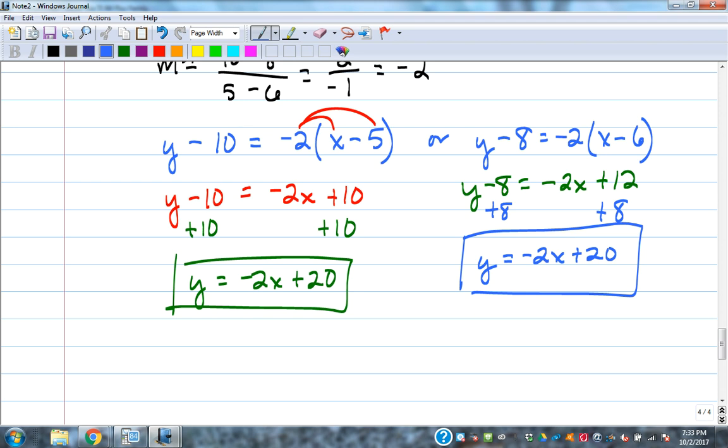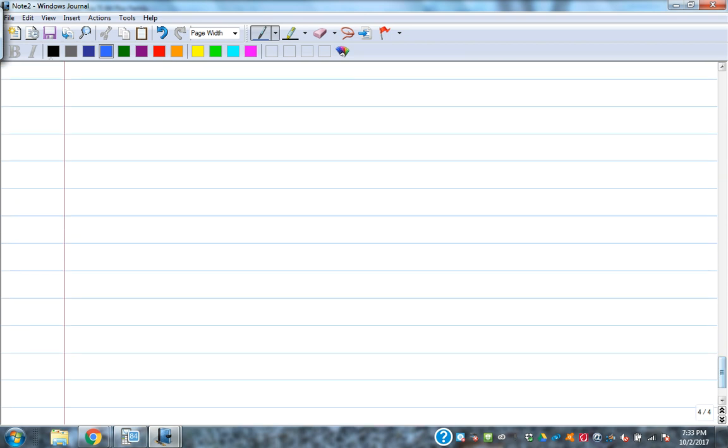And then we need to be able to work into what's called standard form. It's the last form that we need to talk about tonight. Okay. All right. Standard form. Standard form puts x and y on the same side.